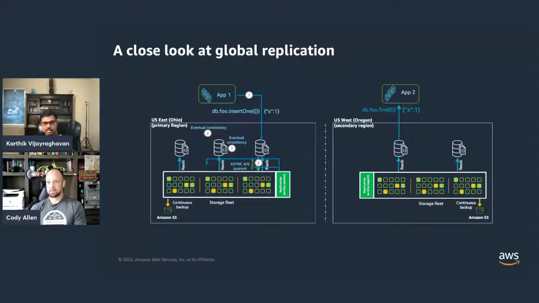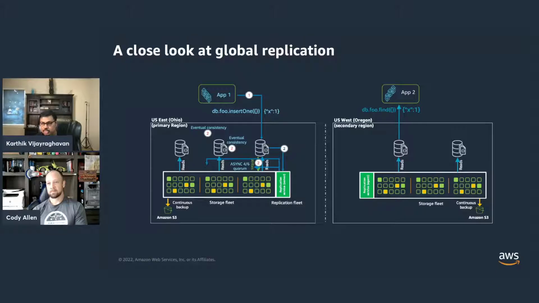So your primary, on the left-hand side, sends the log records in parallel to both your storage nodes, the replica instances, and also the green box that you see over here, which is the replication server. Your primary instance sends data all over there. And this replication server is offloaded to the storage volume.